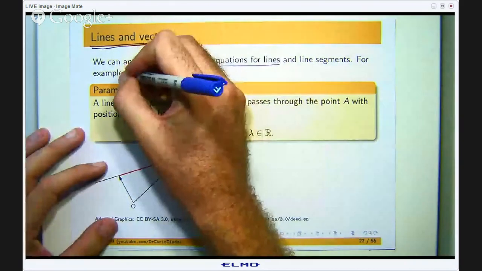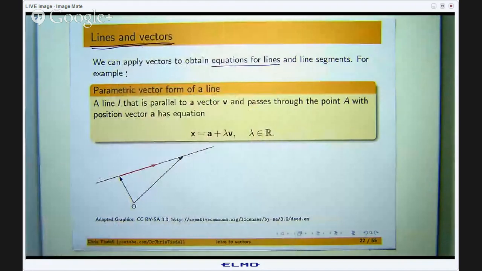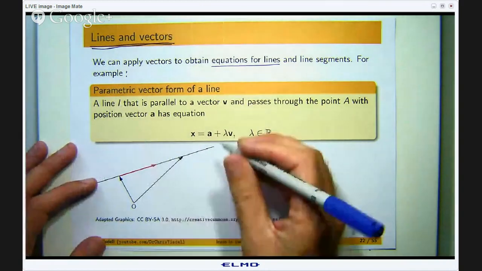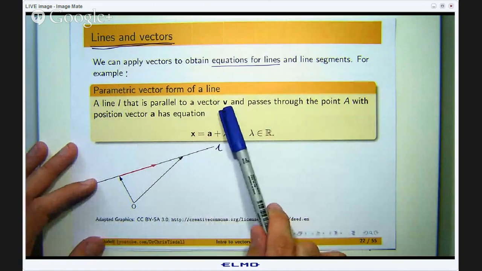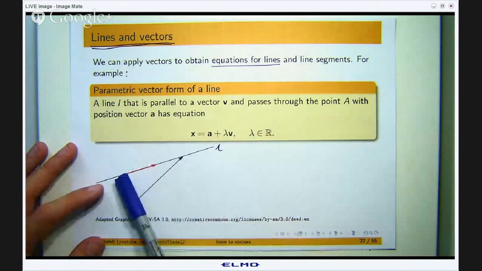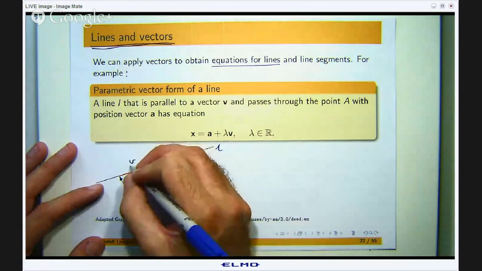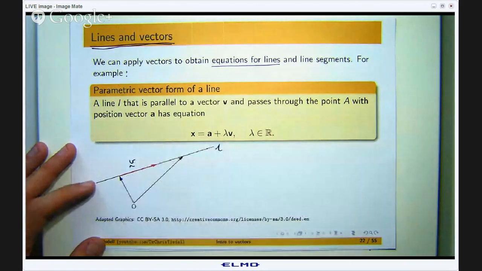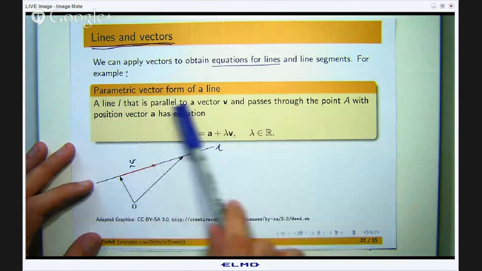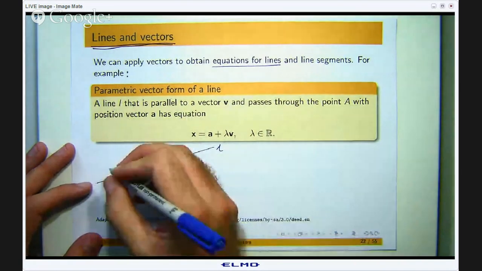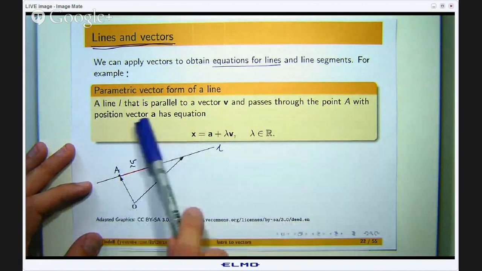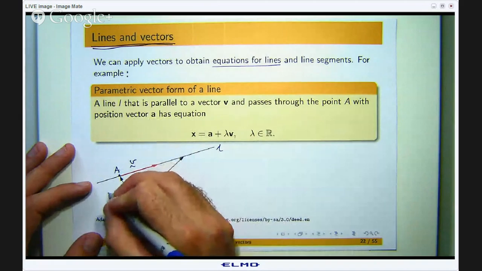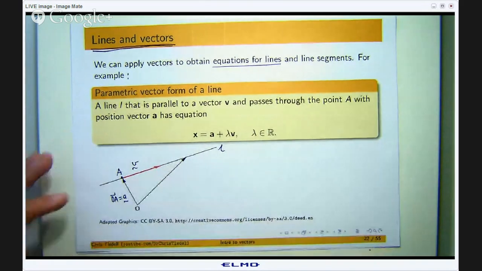For example, let us look at the following very important parametric vector form of a line. So suppose I've got a line L, and that L is parallel to a given vector V. So down here, the red vector would be the vector V. And suppose the line L also passes through a point A. This would be the point A in this picture, with position vector OA, or this lowercase a.